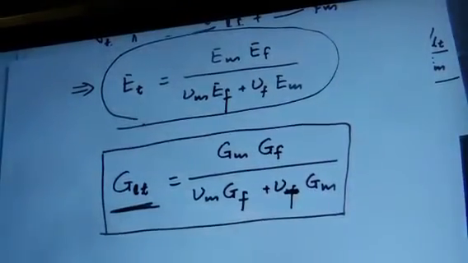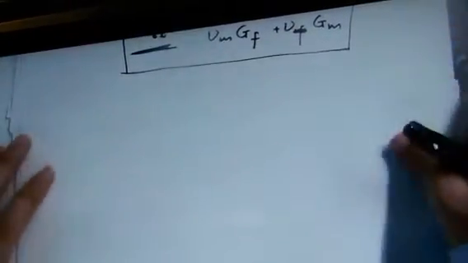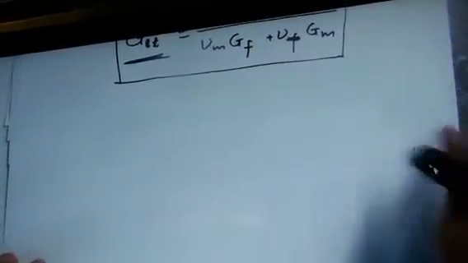Okay, so this is the equation for modulus. And then Poisson's ratio is tricky. This is the thing I want to emphasize. Poisson's ratio is not that easy.